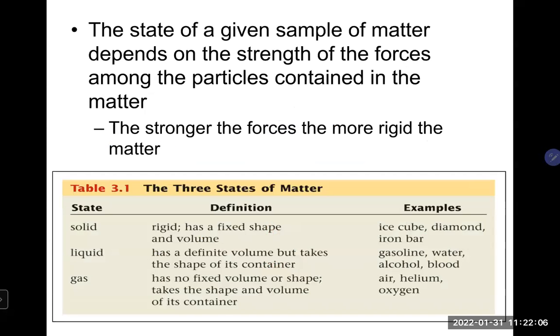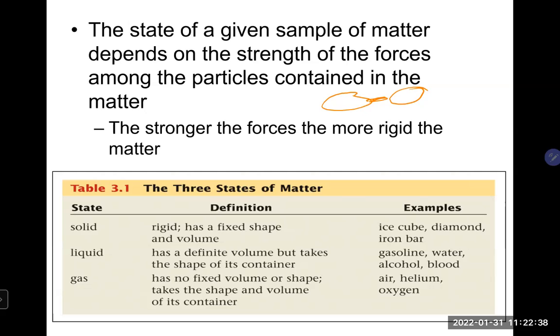The state of a given sample of matter depends on the strengths of the forces among the different particles. What that means is the stronger the forces, the more rigid something would be. The stronger the force that holds one molecule together with another, the more it allows them to pack in pretty tight to one another, be pretty dense with one another, and it usually results in a higher density.